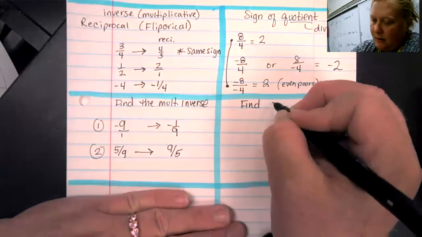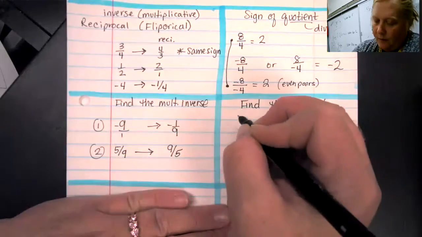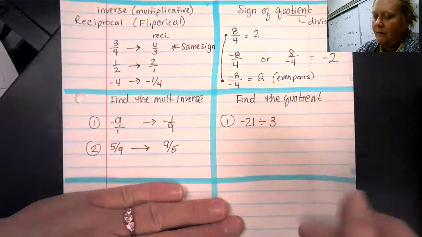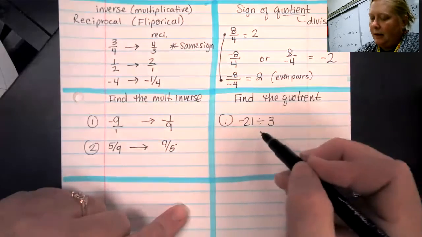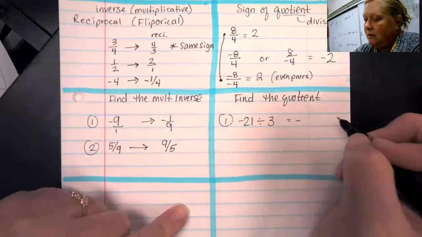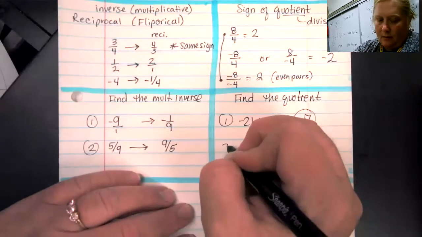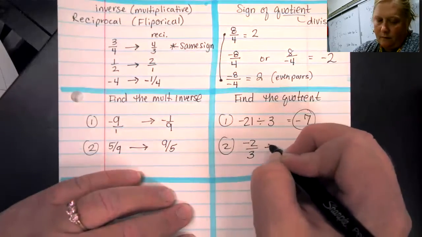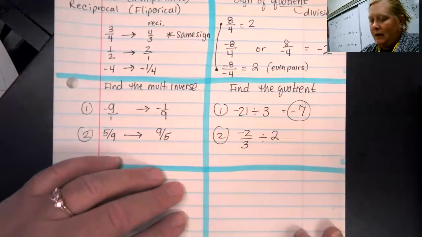Find the quotient, which means, hey, divide. Here we go. Negative 21 divided by 3. Well, one is negative and one is positive, like I wrote here, so it's still going to be negative. Very good. This is interesting. A negative 2/3 divided by 3.